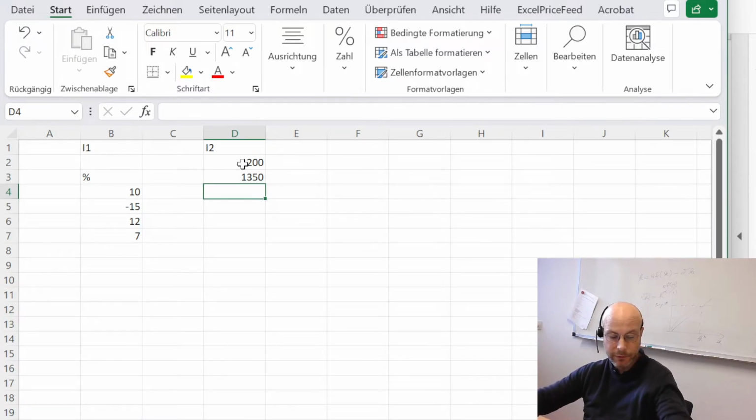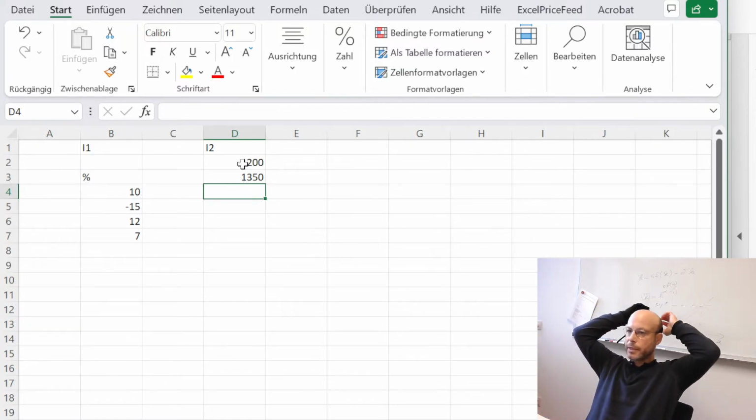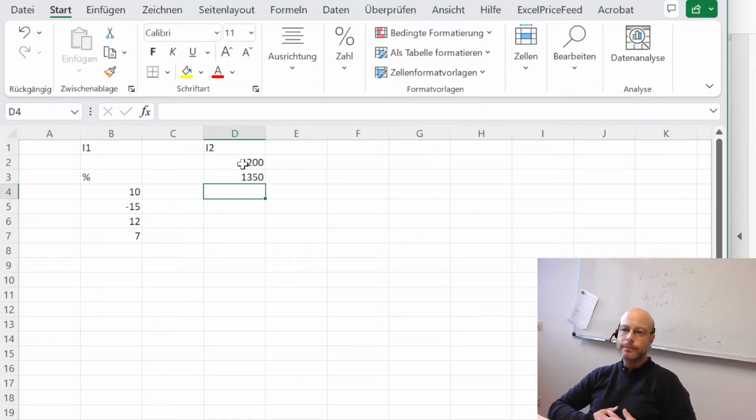This you should have seen, of course, in your introductory courses in statistics, but maybe also in mathematics, and if you had a module like investment decisions. So how do we do this?